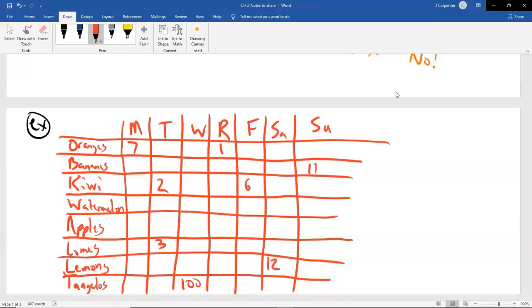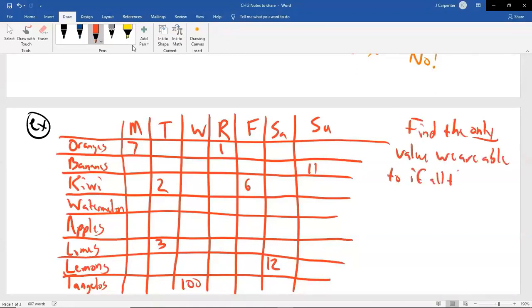So what we're going to do here is we're going to find the only value we are able to if all these are proportional.